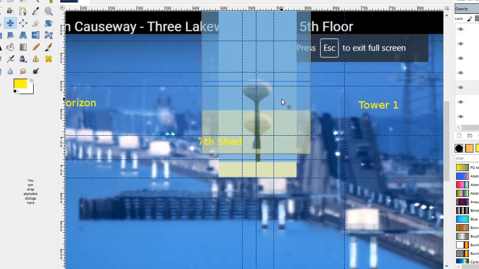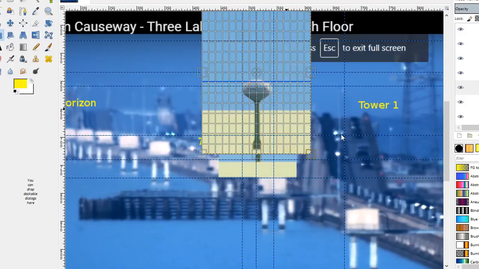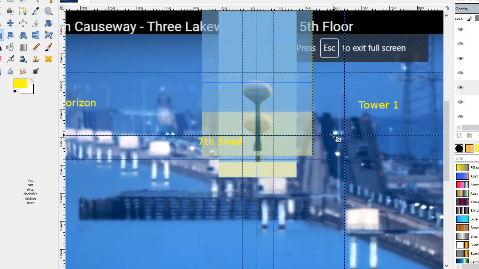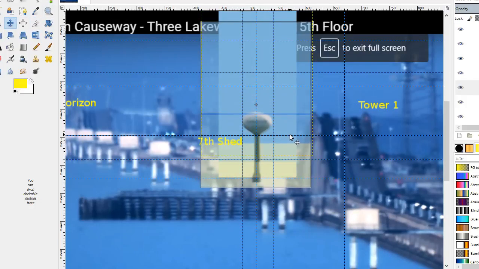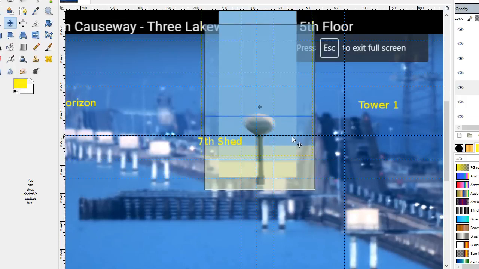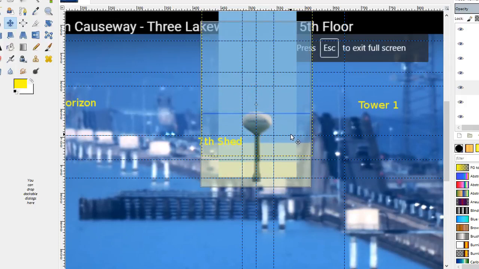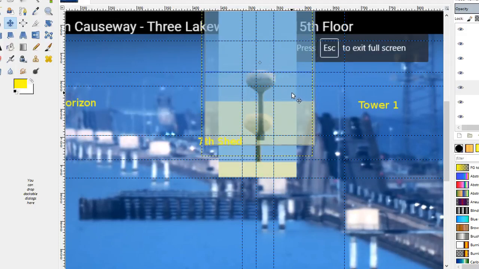Still looks a tiny bit small, but put it right over the globe one and see. This guide snapping is annoying. Anyway, it's close enough for now.